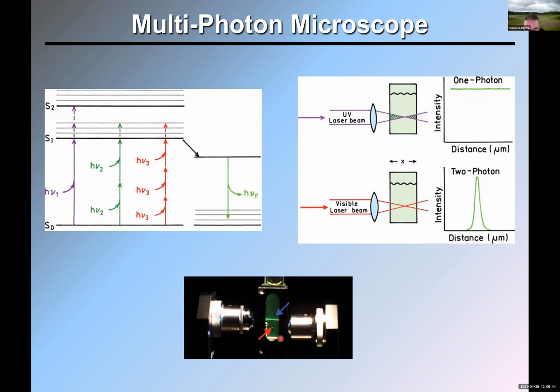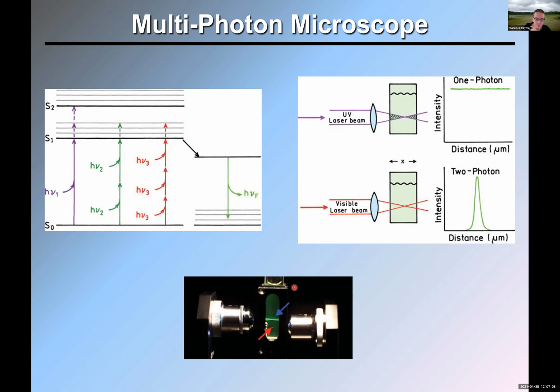And as you can see, fluorescence this time is only in this tiny little dot, because only there is significant intensity for the molecule to be excited from ground state to excited state, okay? So it is possible to confine fluorescence into a much smaller spot by using 2 photons.